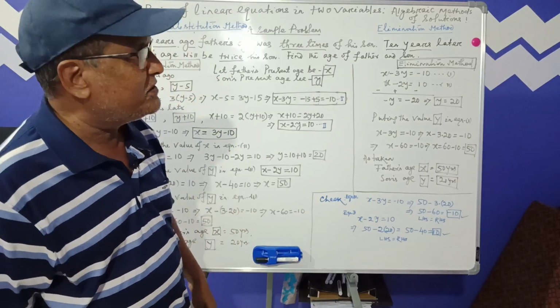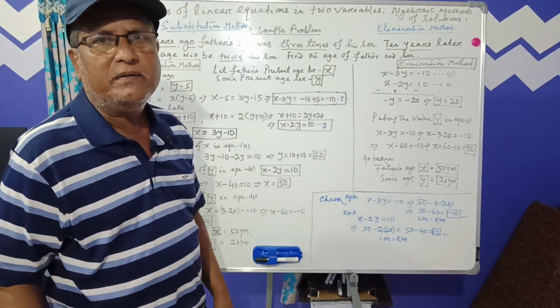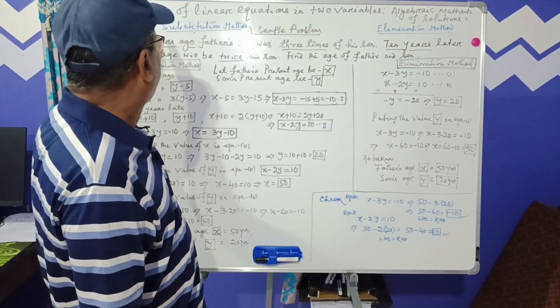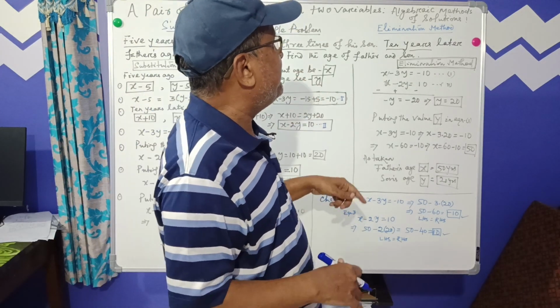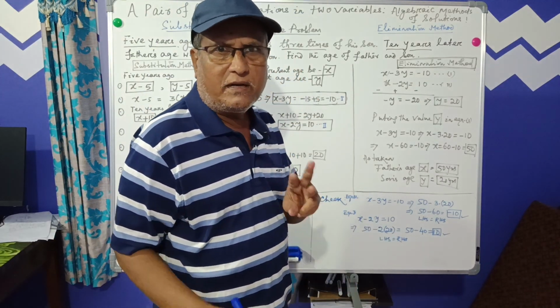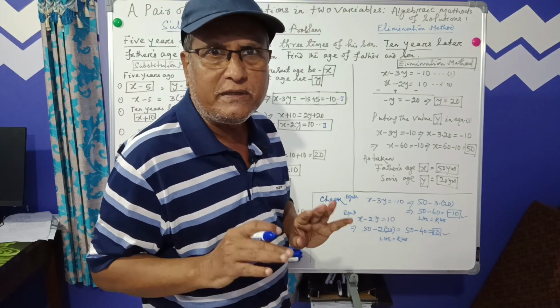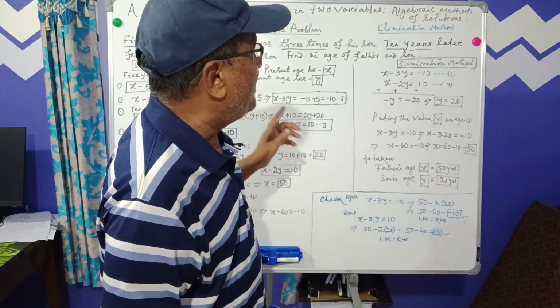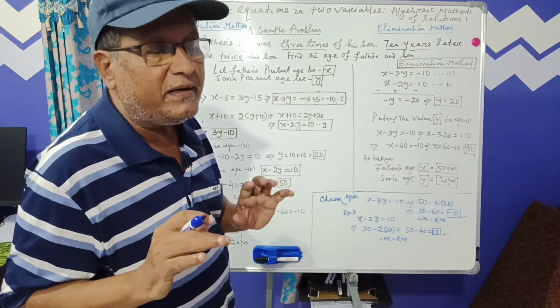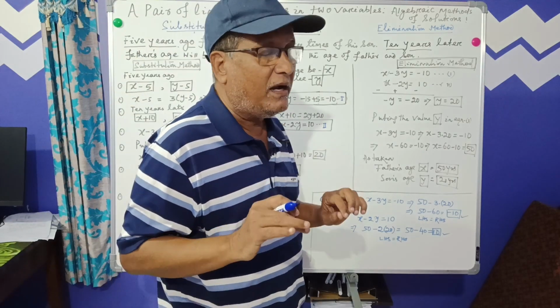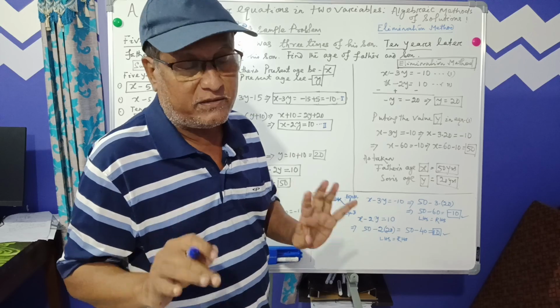For that purpose, the topic taken from your textbook is a pair of linear equations in two variables, algebraic methods of solutions. Usually we follow three methods. One is the substitution method, the second is the elimination method, and the third is the cross multiplication method.